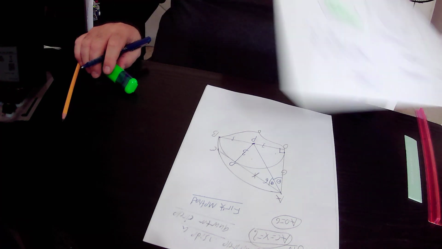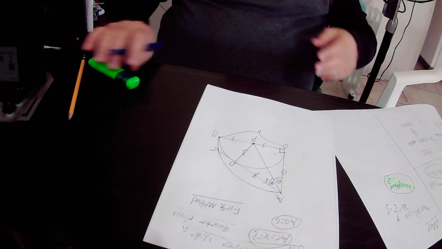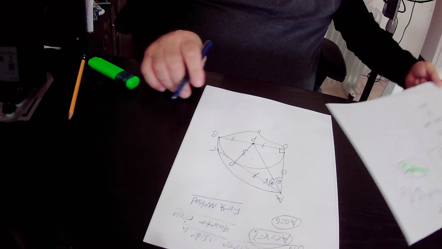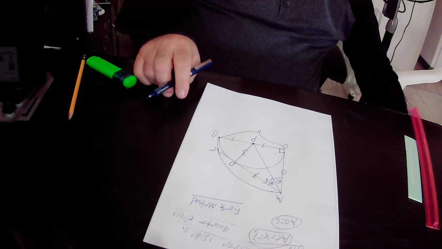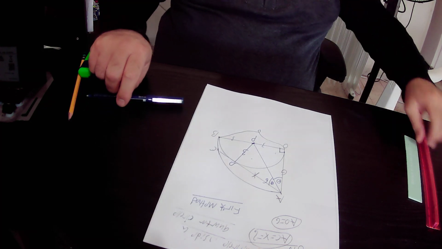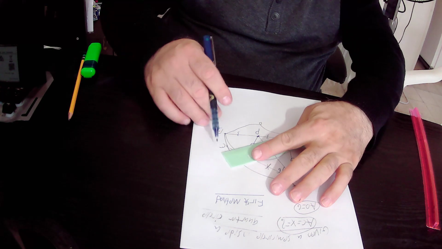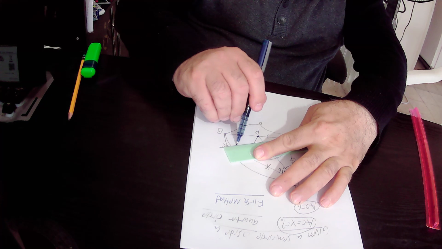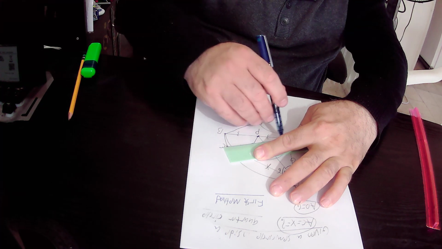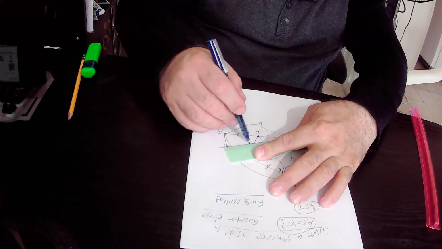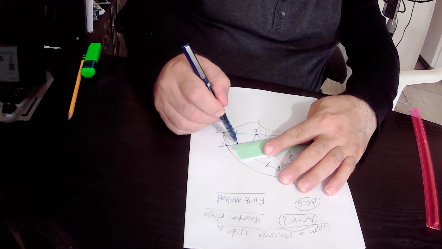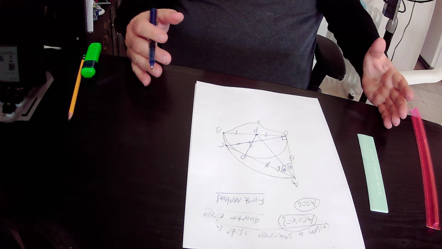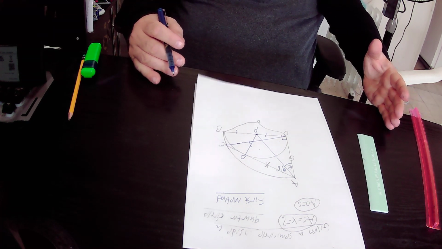In the next step, we will join points O and C together by a straight line. So what is the definition of line segment OC?